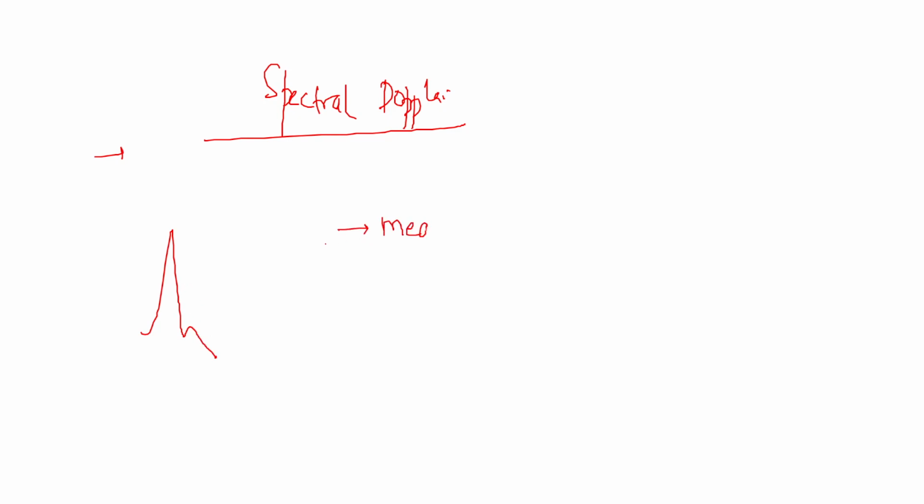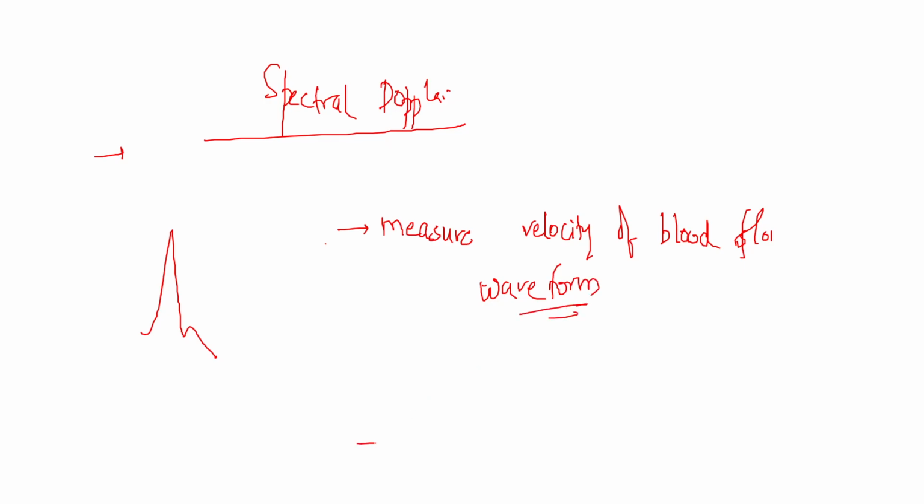This spectral Doppler helps us measure the exact velocity of the blood flow, and the waveform of the vessel can also be measured. The waveform displayed above the baseline is analogous to red, meaning that it is towards the probe. Below the baseline, the blood flow is away from the probe.